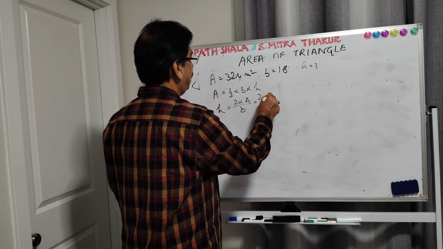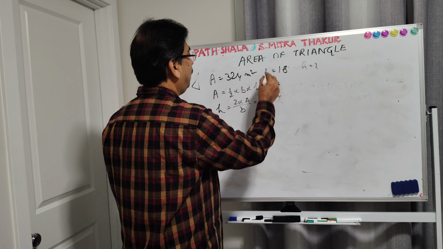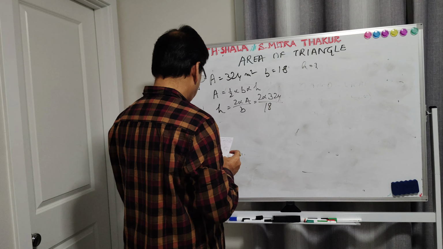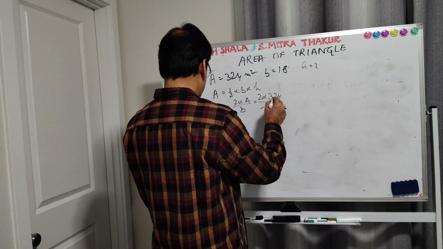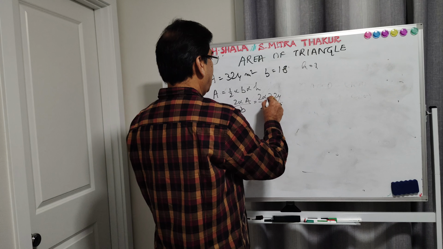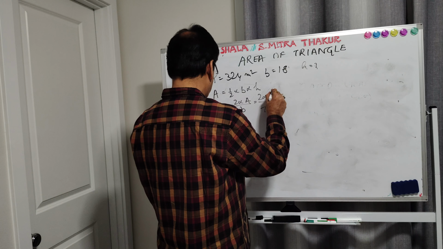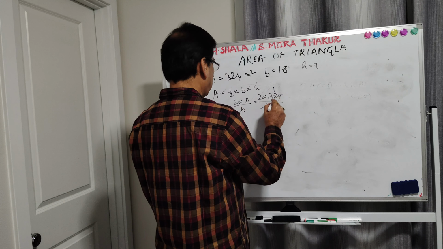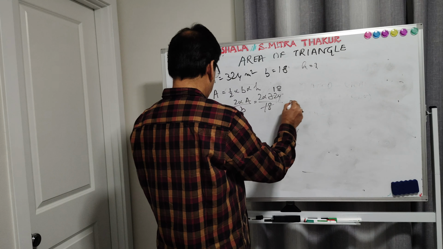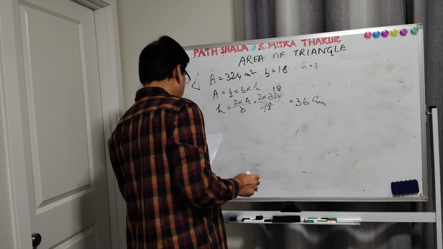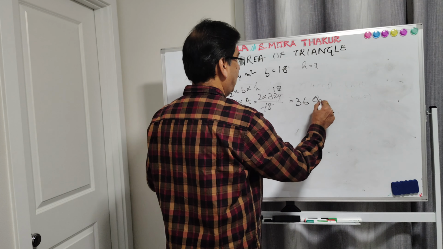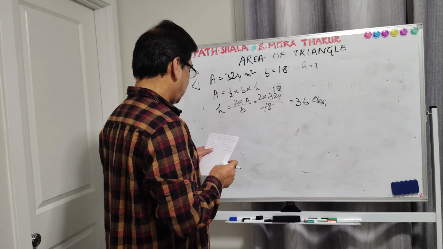So 2 into 324 by 18, and the height is equal to 36 meter.